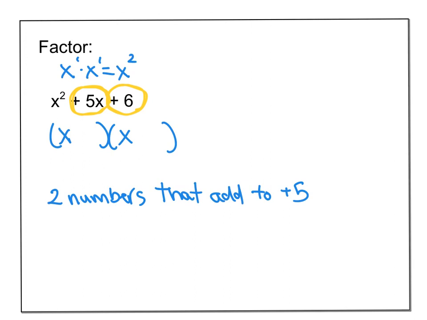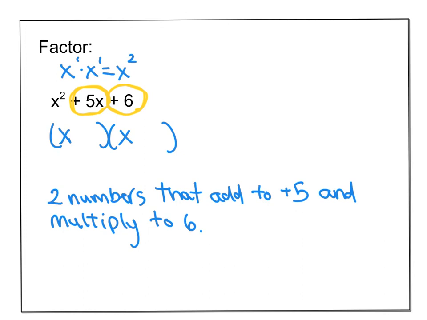So I'm asking myself, I need two numbers that add to 5 and multiply to 6. And all of a sudden, this is just like a problem that we've been doing. Remember, there are tons of combinations of things that add to 5, not as many things that multiply. So let's narrow down the list there.